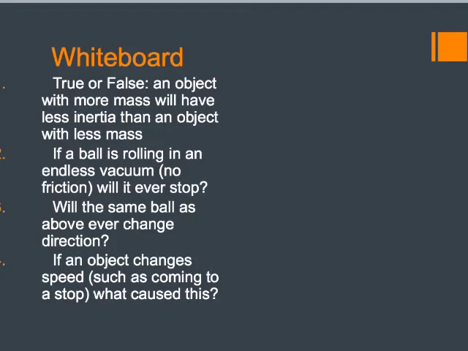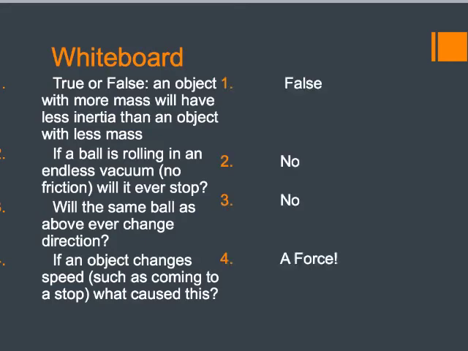Will the object ever stop? And then, will the same ball as above ever change direction? Then the last one, if an object changes speed, such as coming to a stop, what caused this? So see if you can figure out what those answers are, and I will tell you on the next slide.